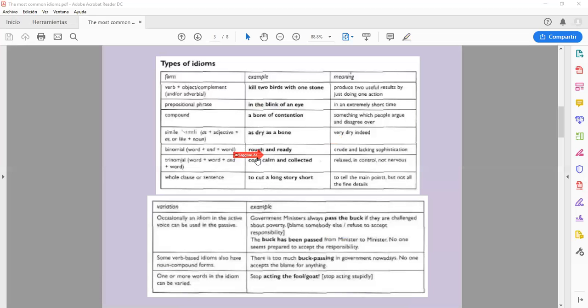Okay, finally, "rough and ready." It means crude and lacking sophistication. For example, sometimes the preparatory school students are crude and lacking sophistication. The way they speak, I mean.